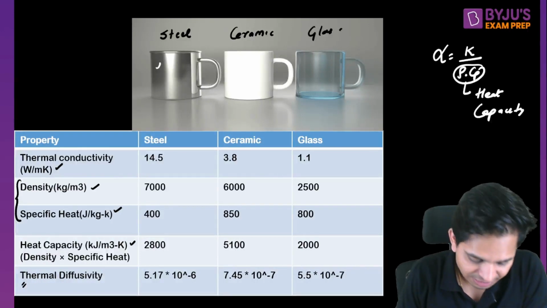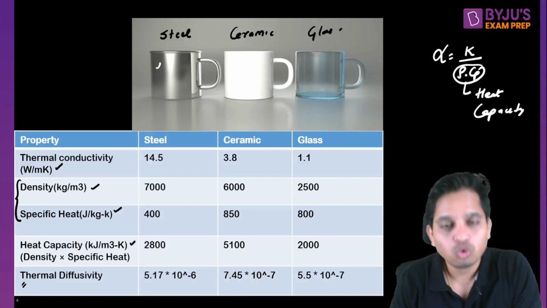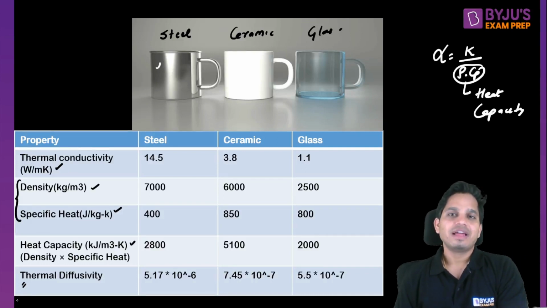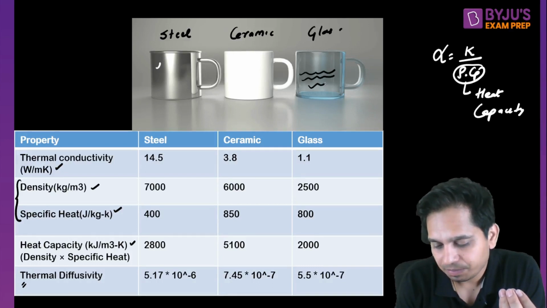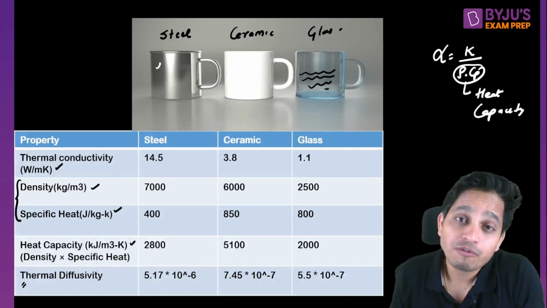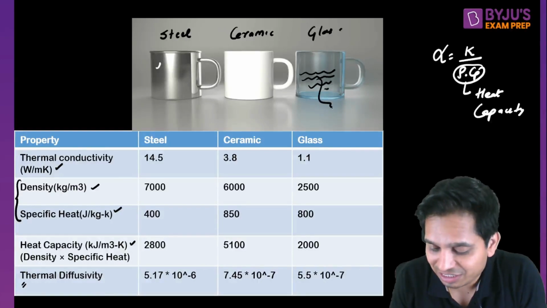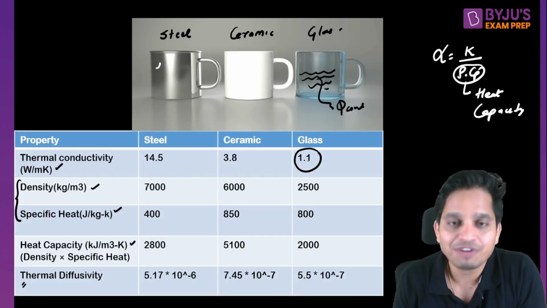Now let's see. I told you that I have coffee in this glass cup. But I want to drink it faster. So the heat conduction that is happening here, I want to increase. So what do I do? This is my thermal conductivity.